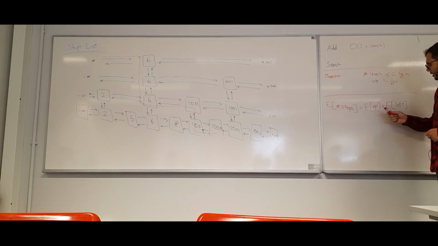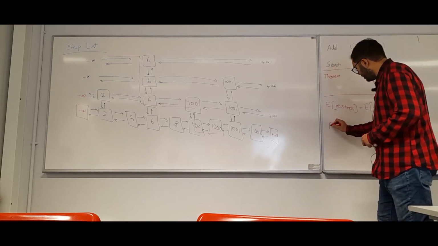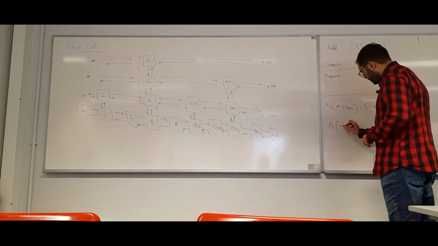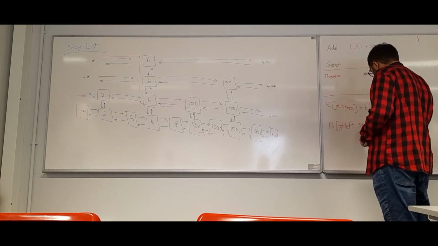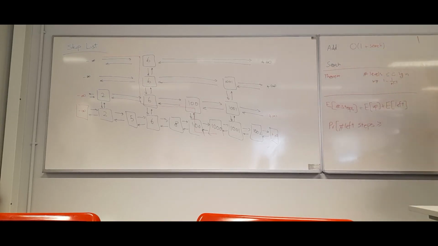So what do I want to bound? I want to bound the probability that the number of steps to the left is more than some number.